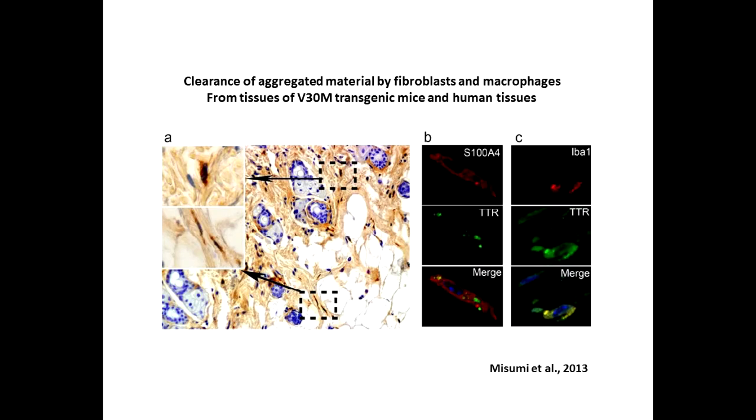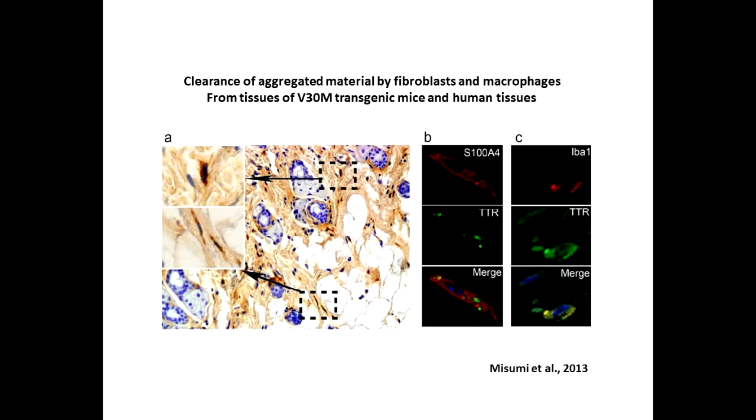So the theme is clearance. We have doxycycline that is now an orphan drug to treat amyloidosis because it destroys amyloid fibrils, also in AL amyloidosis and beta-2M amyloidosis, so it's a way of clearance of amyloid fibrils. But cells, the body, as I said, can also take care of this clearance.